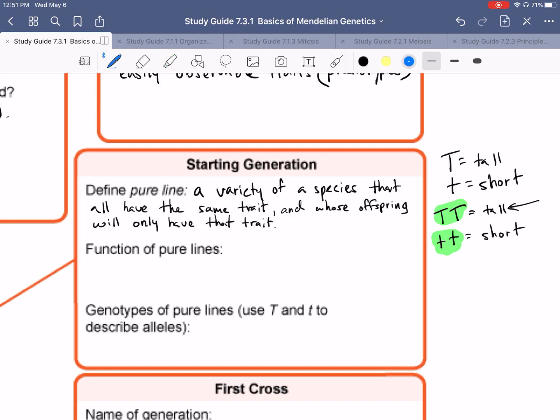So the function of these pure lines was to act as a control group.